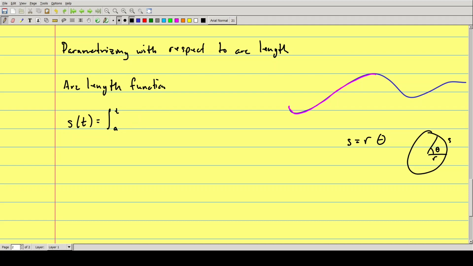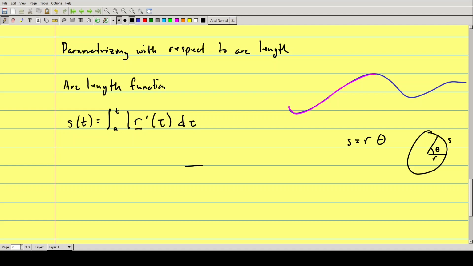Now we have to be careful about our letters here because I have to use a dummy variable. Okay, so that's tau that I used as the variable of integration. It's a funny looking t.